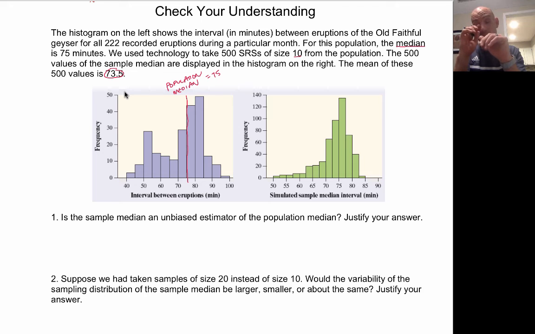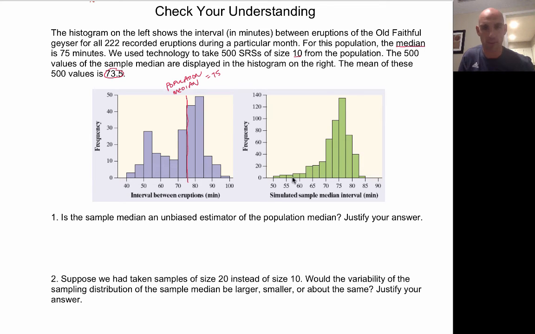We'll check it out. If I ask you to describe this, let's say that the quiz or test asks you to describe this, you're going to say that it's skewed left. We've got a tail to the left. And so where's my median? Where is my mode? And so what we've got here is an opportunity to compare these two things, all of the eruptions and the simulated sample median interval in minutes. So think about it like this.